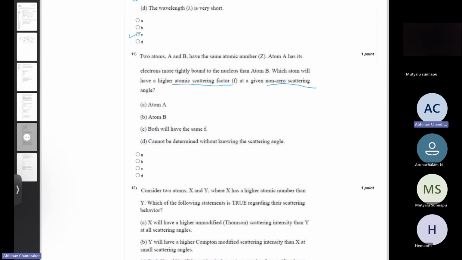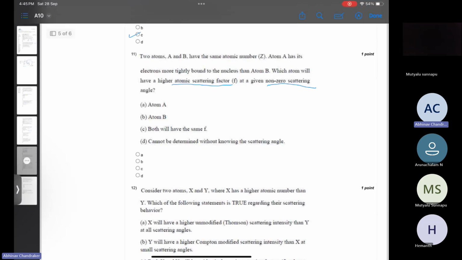But in this case, if the electrons are more tightly bound to the nucleus, then you can maybe say that the path difference between the scattered beams from different electrons will be smaller in case of A than in case of B. Again, this is a hypothetical situation, so this is just a hypothetical answer.